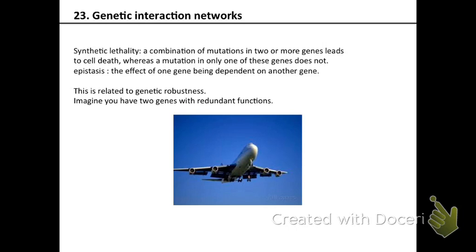For example, one way two genes can interact is what we call synthetic lethality. Okay? What that is, is a combination of mutations in two or more genes that leads to cell death, whereas a mutation in only one of the genes does not. Okay?